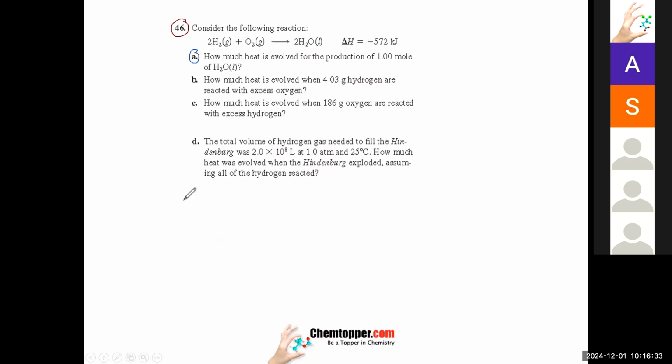Start with what is given to you: 1.00 moles of H2O. What they want: how much heat is evolved, exothermic. They want kilojoules. What's the answer? It's H2O, children, in kilojoules. All of you, please type your answer here in three significant figures.